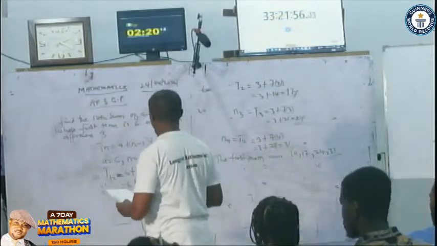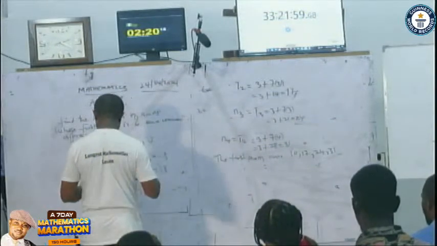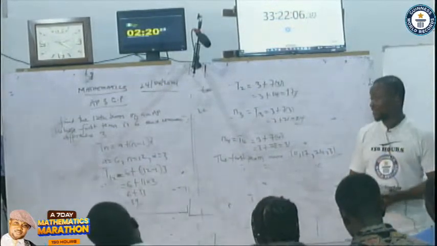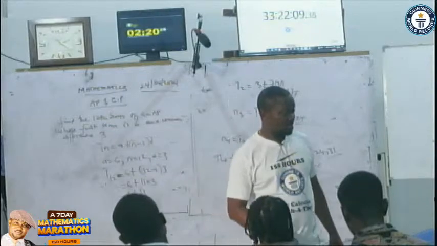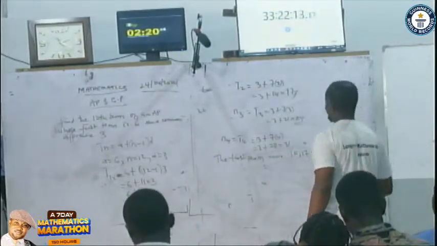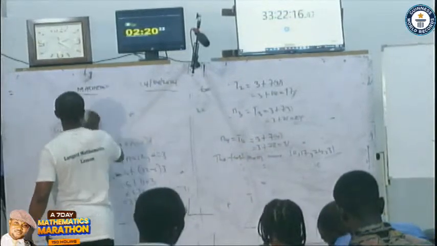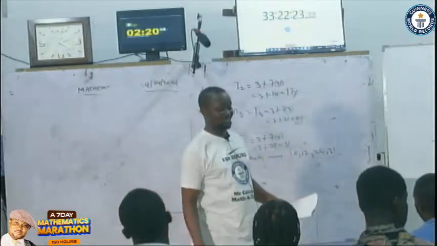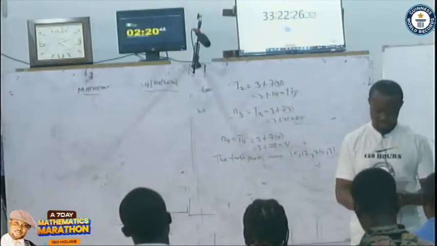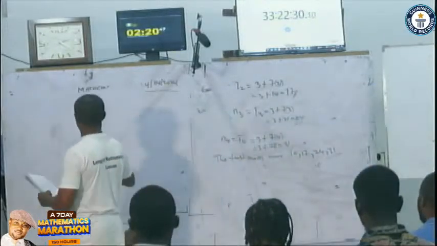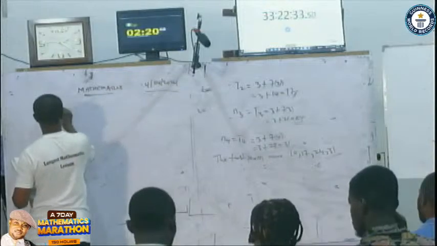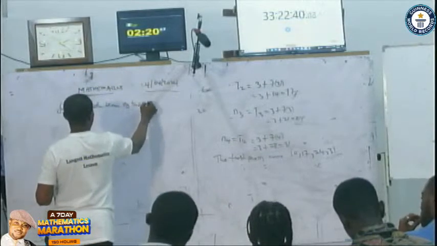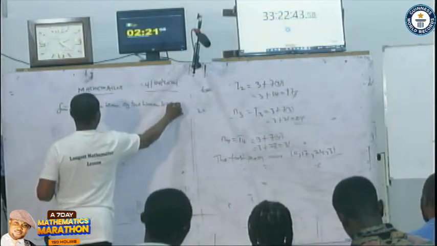So the next question is: find the 40th term of the linear sequence.